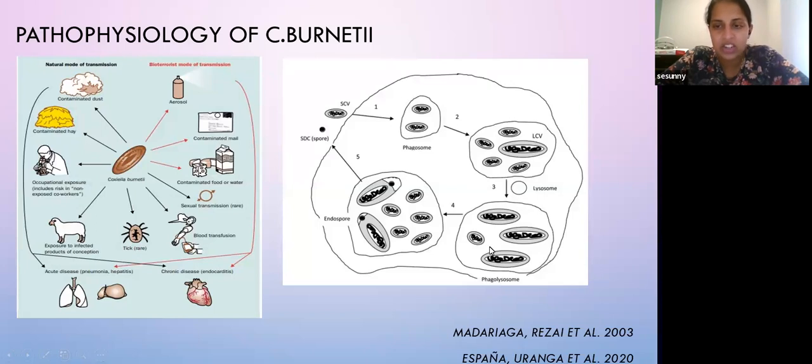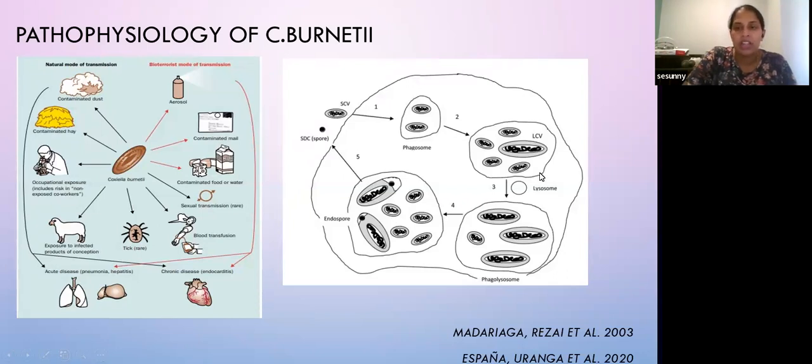Once within this phagolysosome, there's an acidic environment that is present here. And this acidic environment actually facilitates the replication process of the Coxiella organism. So it activates certain proteins, certain transport mechanisms, and allows it to form this large cell variant, which is a more stable form. And from this large cell variant, you have transverse binary fission, so you have production of more large cell variants, and you have production of spores.